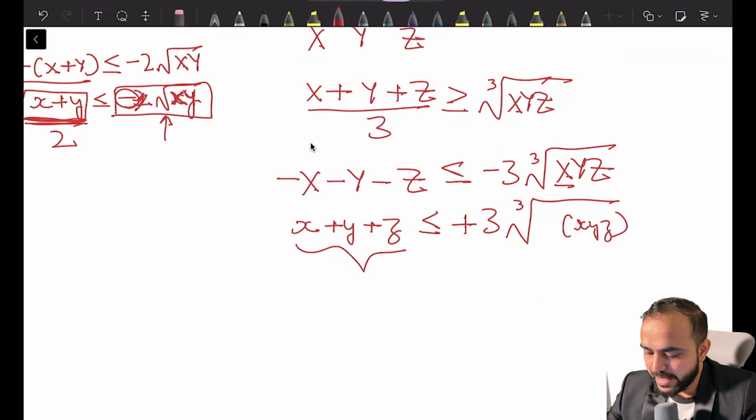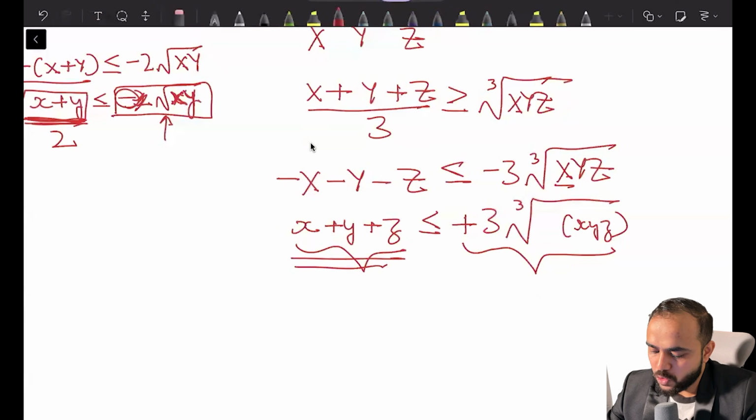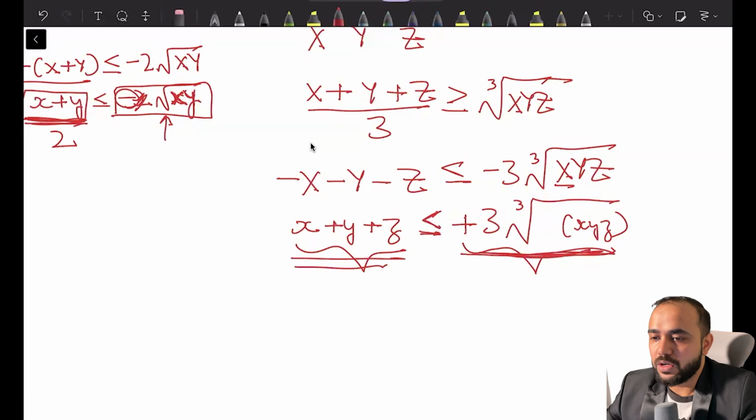So this is negative. This also you should be able to observe is a negative number. Cube root of xyz, because xyz, all three of these are negative, so their product is going to be negative, which means the cube root is also going to be negative. So a negative number is always less than or equal to this particular negative number.